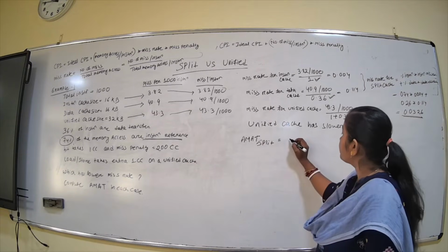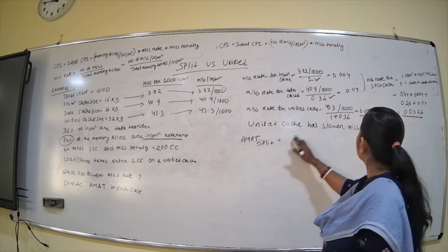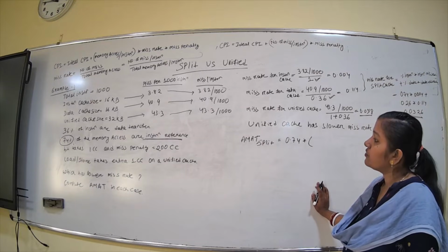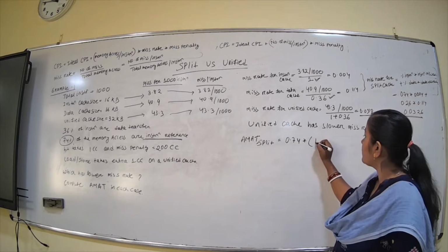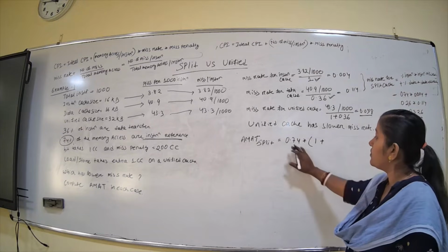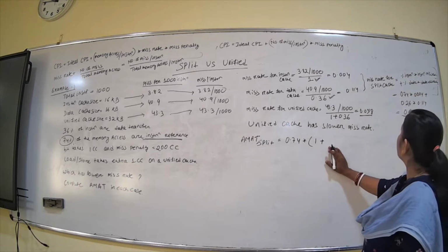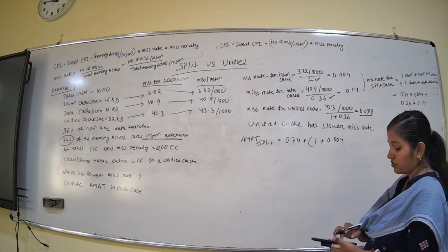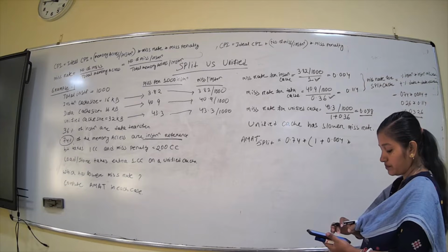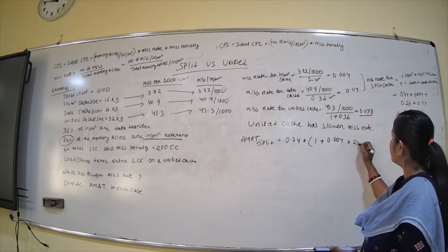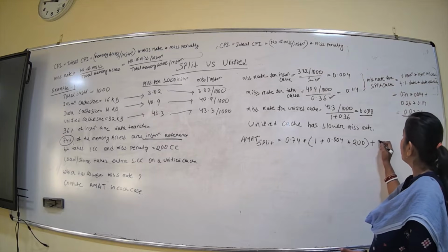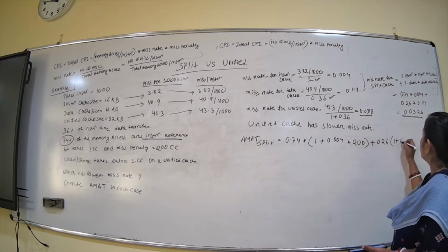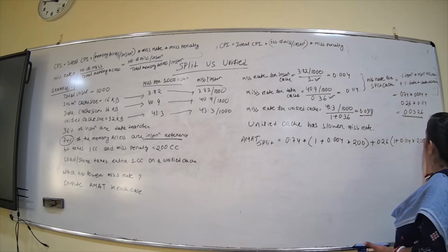So the percentage of instruction is 0.74 into cache hit time, which they give as 1 clock cycle, plus miss rate for the instruction, that is 0.004, into miss penalty, which is 200, plus 0.26 into 1 plus miss rate for the data cache 0.114 into 200.